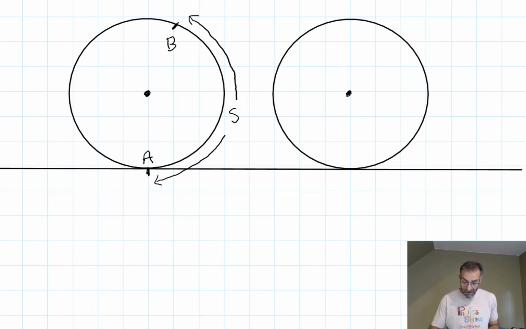Now I'm going to get out my green paint, and I'm going to paint the edge of that disc, that wheel, green. And while my paint is wet, I'm going to roll the wheel forward a little bit. I'm going to roll it forward until point B is the one that's in contact with the table. That means that point A is up here.